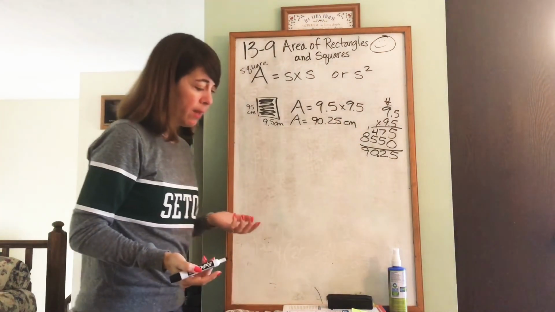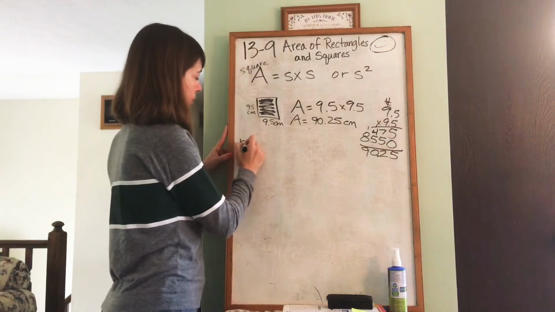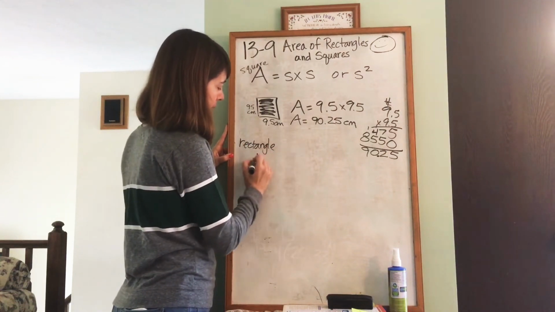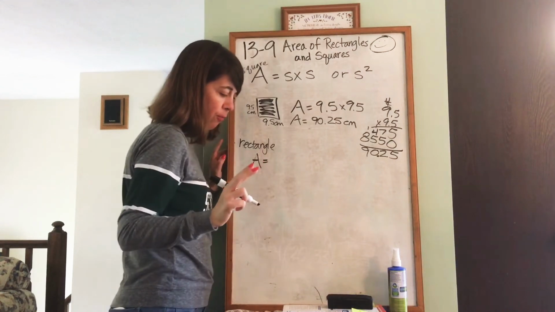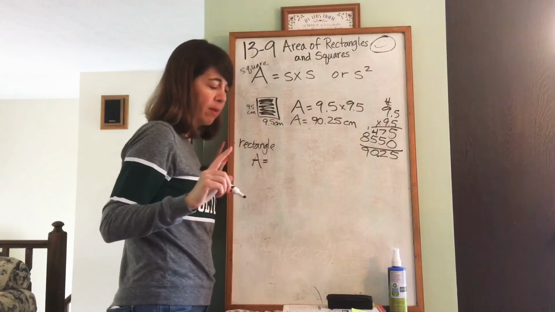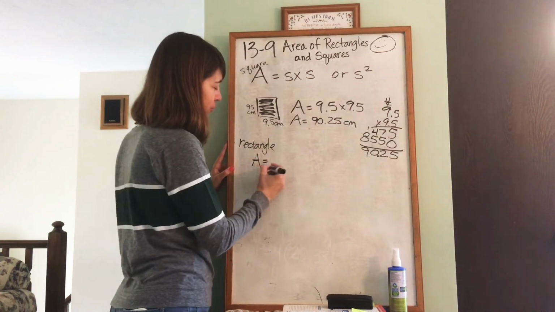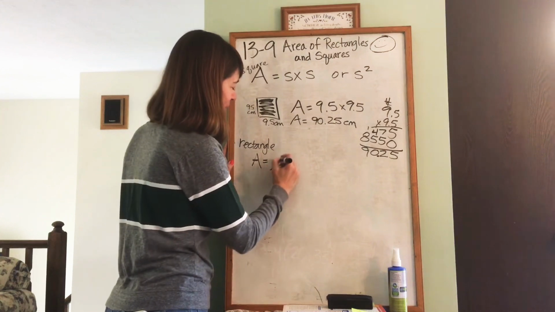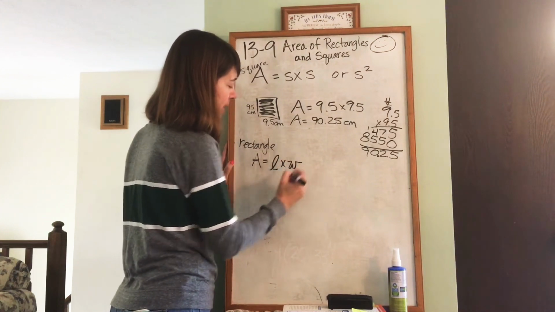Okay, then your rectangle. So we'll get to that equation. Rectangle, A equals, there are 2 different ways to, one way to do this. Now I'm mixing up perimeter and area. One way to do this. Wow, one way to do this. That's length times width.